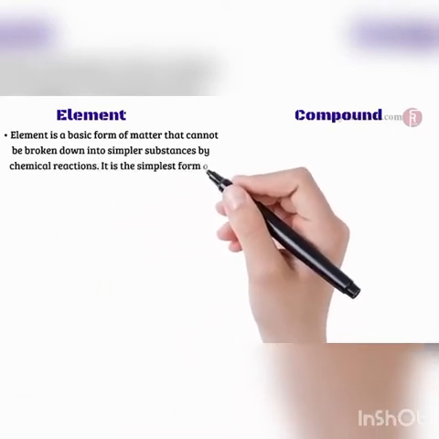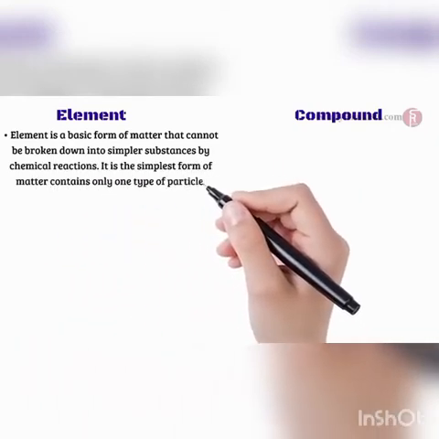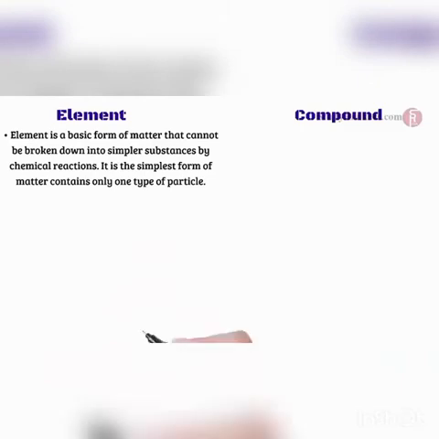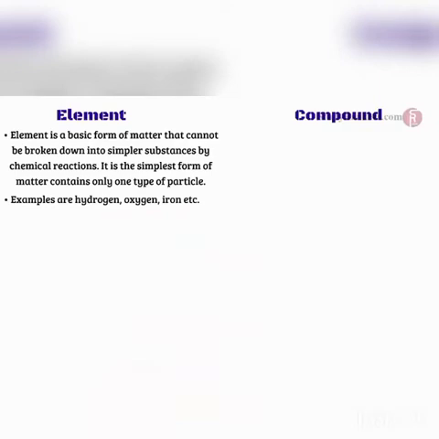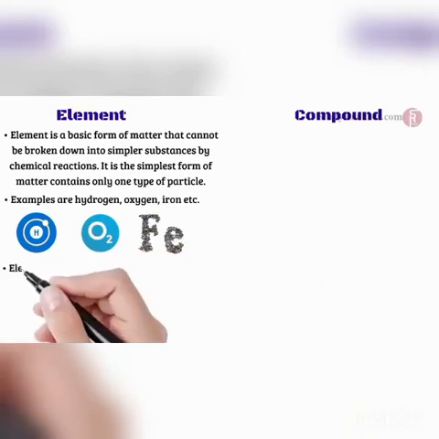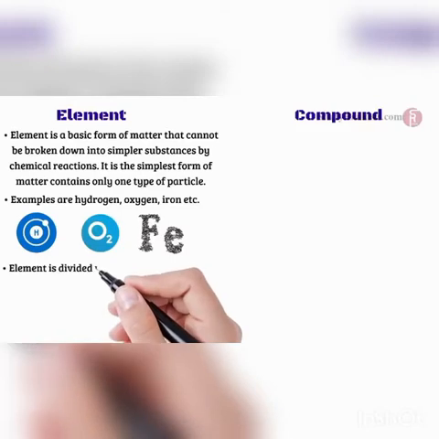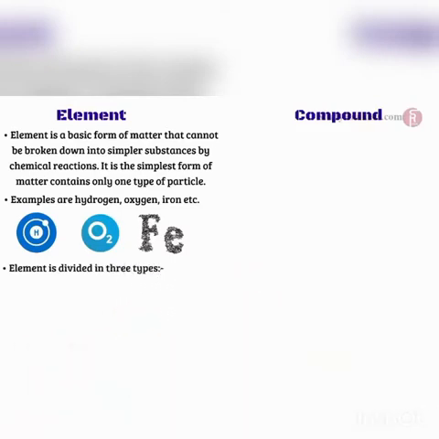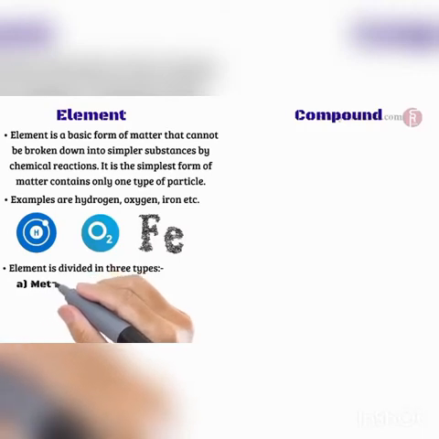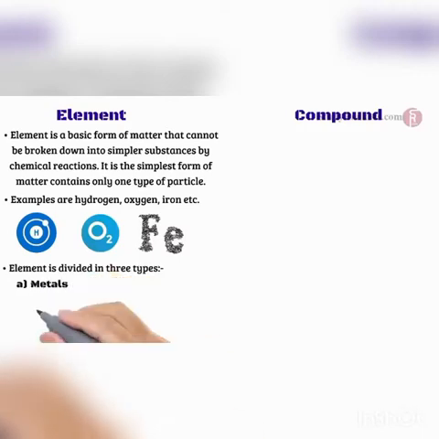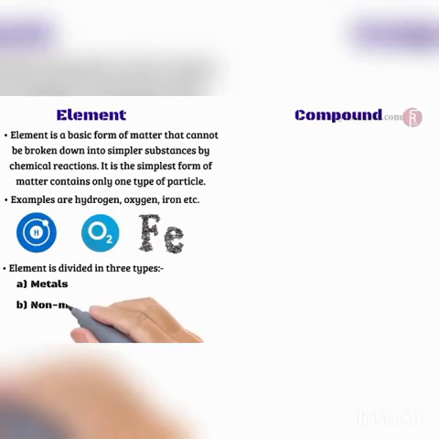Well, an element is a basic form of matter that cannot be broken down into simpler substances by chemical reactions. That means it is the simplest form of matter, containing only one type of particle. Examples are hydrogen, oxygen, iron, etc. Further, elements are divided into three types, which are metals, non-metals, and metalloids.